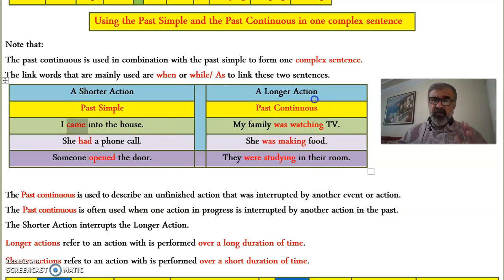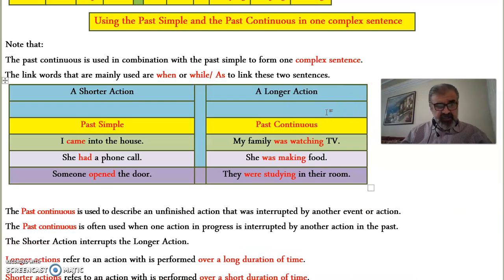So this is action 1. Actually, let me just write this down for you. This is action 1, and this is action 2. So now, action 1 was happening, and what happened is that action 2 interrupted that action. You know what that means, interrupted? Yes.